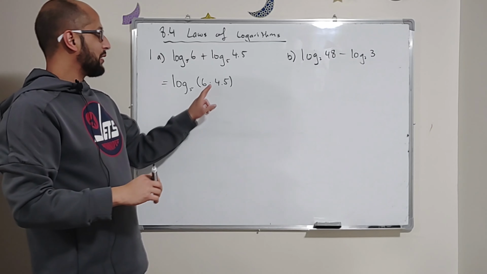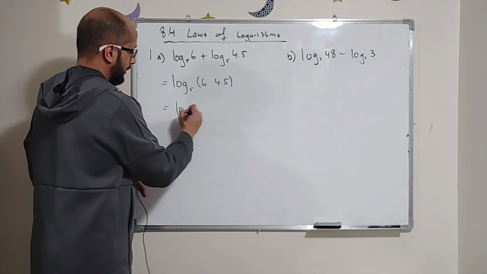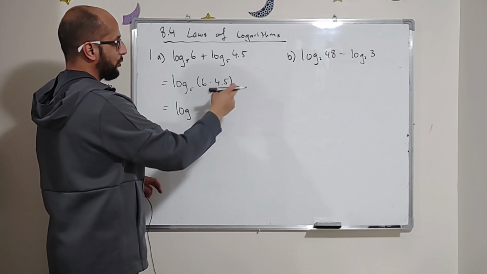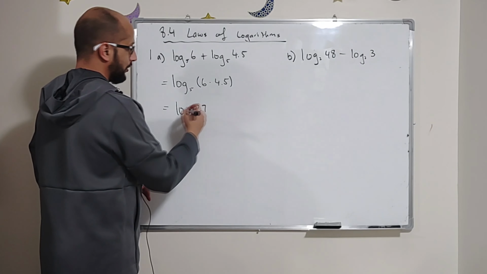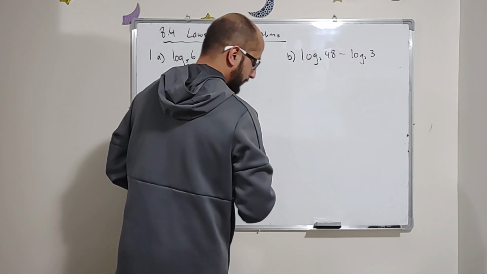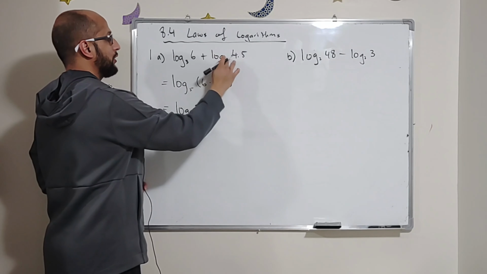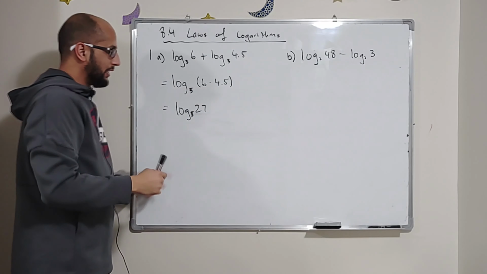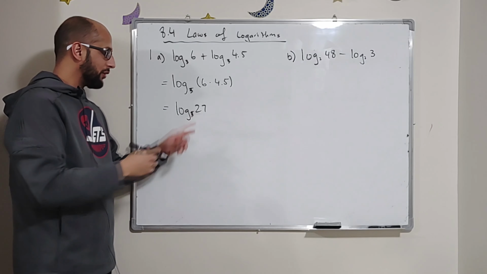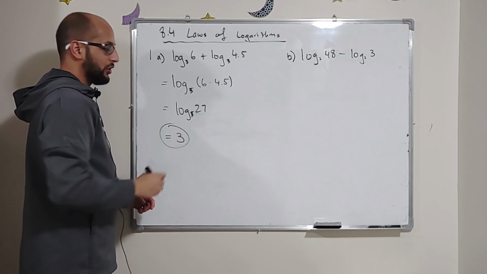So 6 multiplied by 4.5: 6 times 4 is 24, and half of 6 is 3, so that gives 27. Oh, I'm sorry, this is supposed to be a 3. So log base 3 of 27, and then 3 to the power of what number will give me 27? I already know the answer to that is 3. So your solution is straightforward.